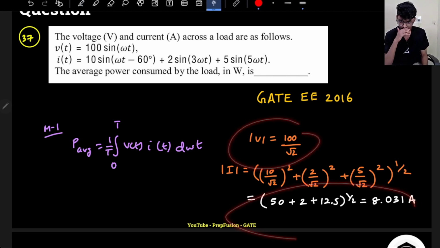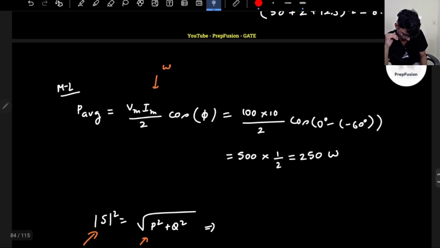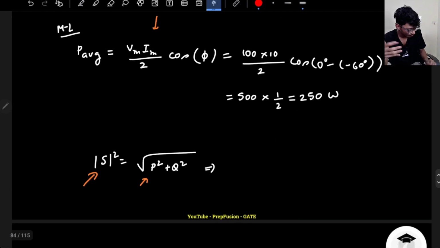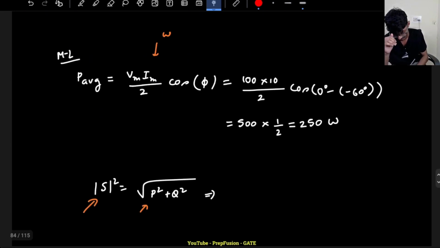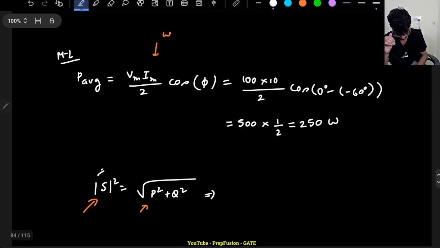Now your apparent power will be what? It will be simply voltage into current. Voltage is 100 root 2. So apparent power will be something like 567.8 volt ampere.